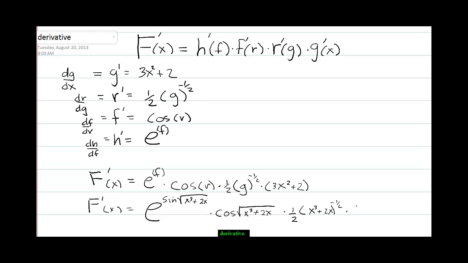I'll let you change the form if you desire. But this lets you see all the components of this new function with the original variable substituted back in. Next I will show this same result using the Leibniz notation.